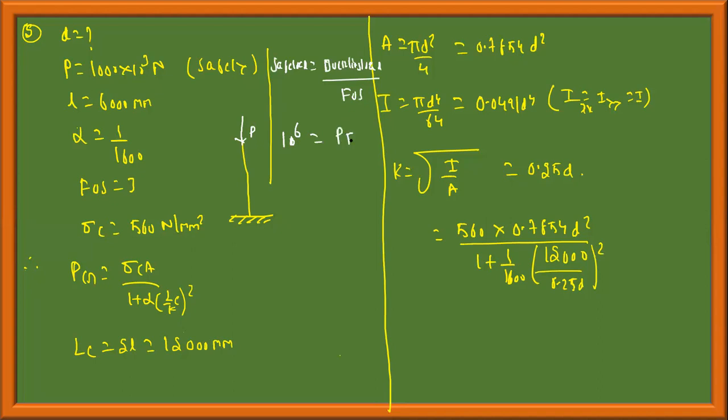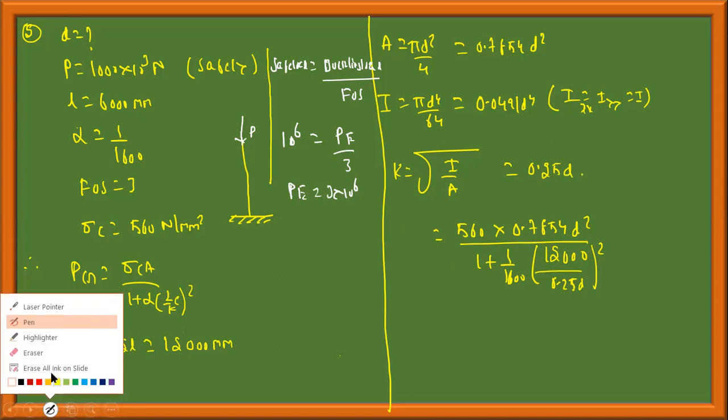Buckling load PE by FOS, where FOS is 3, given in the problem. If we are given the safe load, in order to calculate buckling load you have to multiply by the factor of safety, 3. If we are given the buckling load, you divide by 3. That you should know. Therefore, buckling load is equal to 3 into 10 power 6.